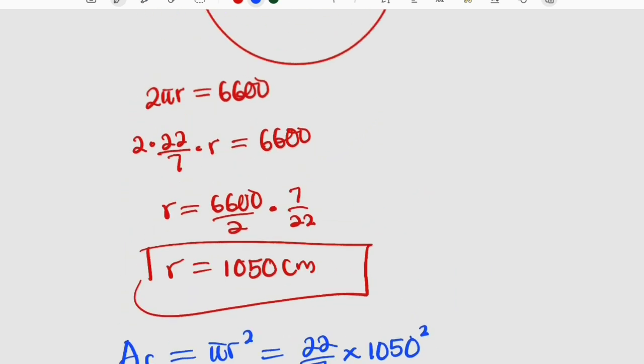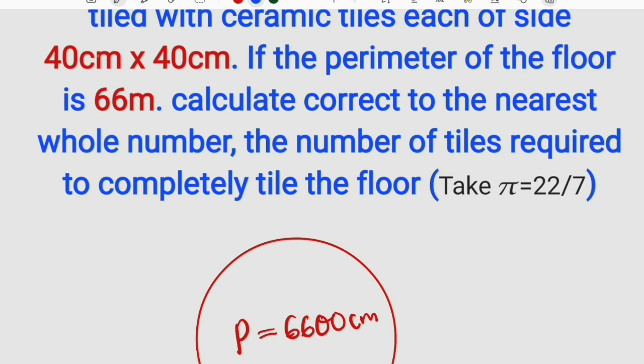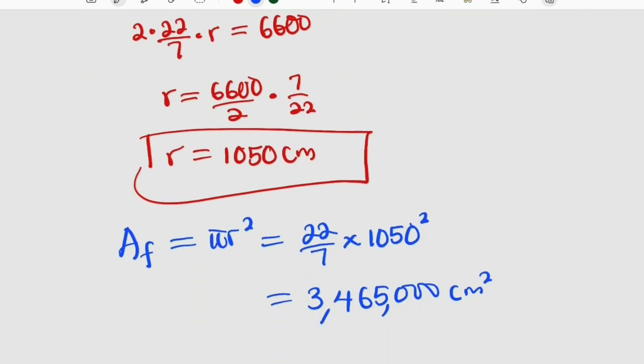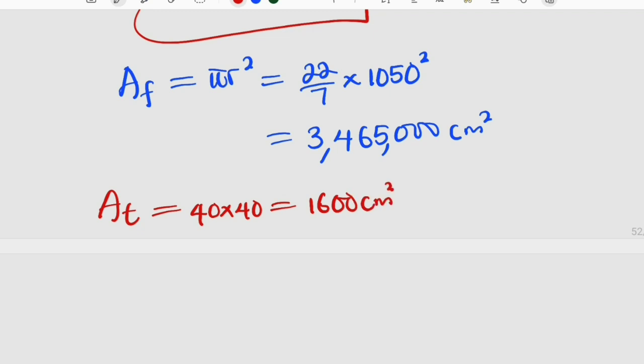But remember, we would like to find the number of tiles required to tile the whole floor, which is 40 by 40. So the area of the tile will be 40 multiplied by 40, which is 1,600 cm squared. So every single tile has this area, and this is the area of the floor.